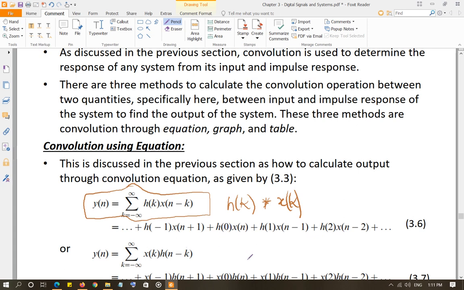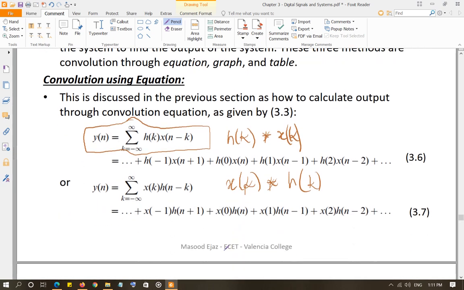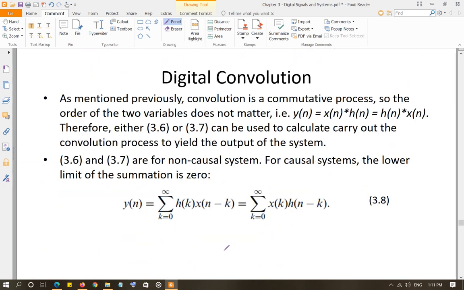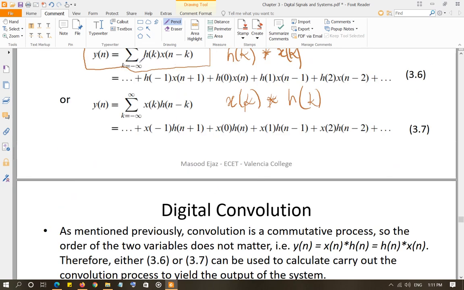Convolution operation is commutative, so either you carry out h of k convolved with x of k or x of k convolved with h of k, you will get the same result. Since our systems are causal systems, we don't really have to perform convolution from k equal to negative infinity.